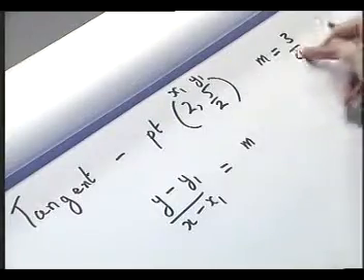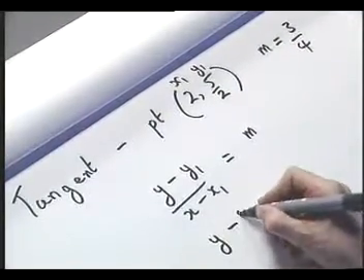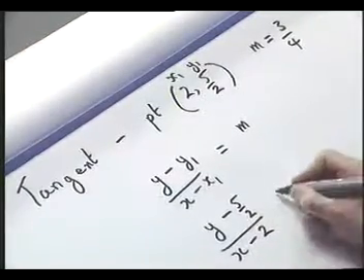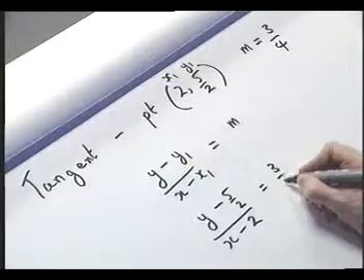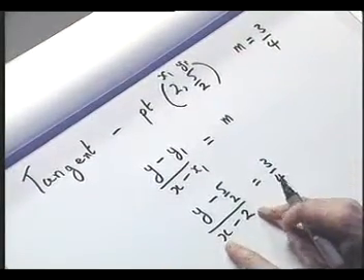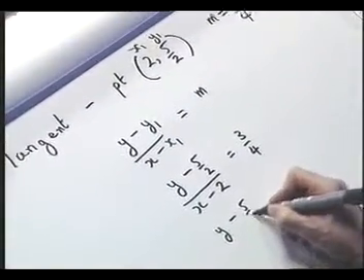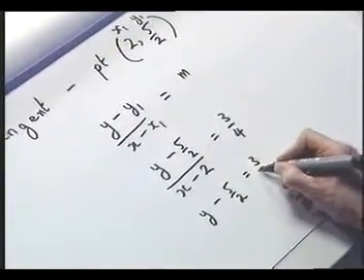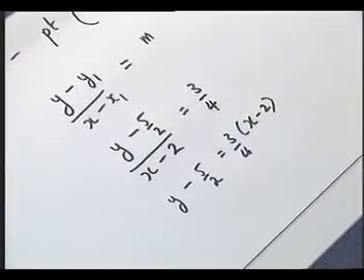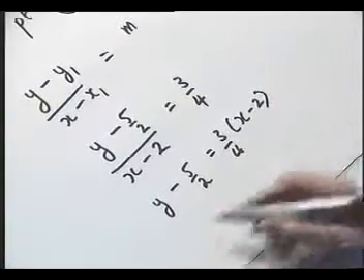So now we can substitute these things into here. Y minus 5 over 2 over x minus 2 is equal to 3/4. Let me multiply both sides by x minus 2. And then let's multiply both sides by this 4.